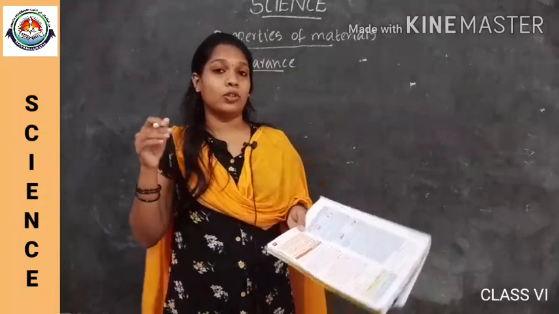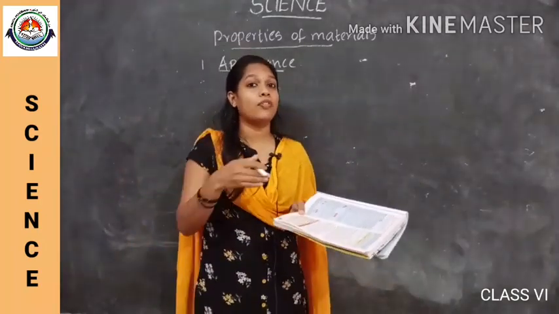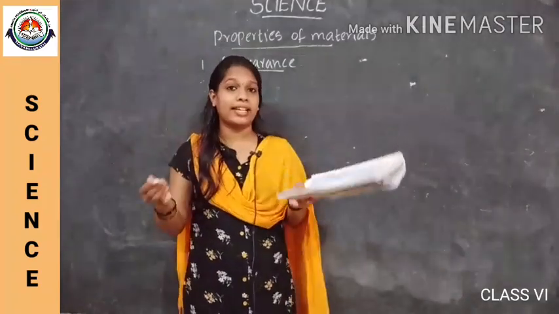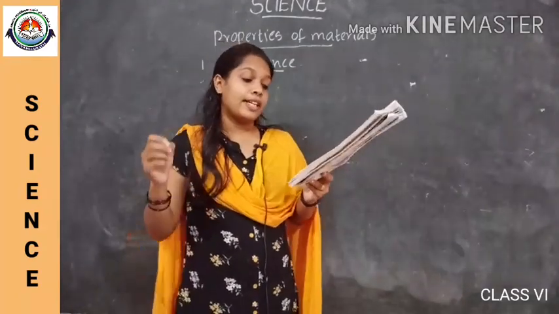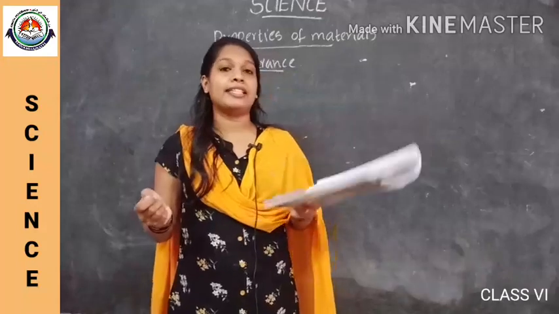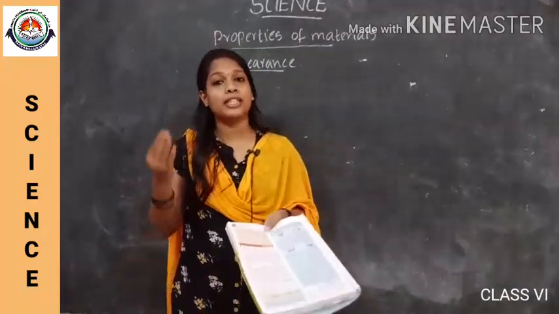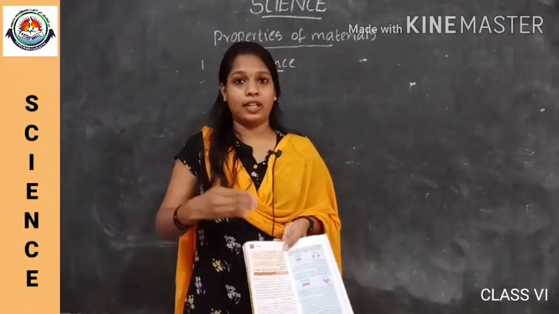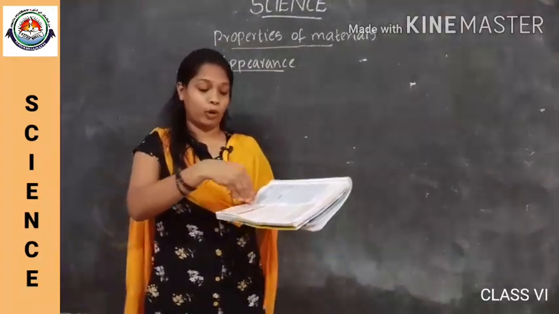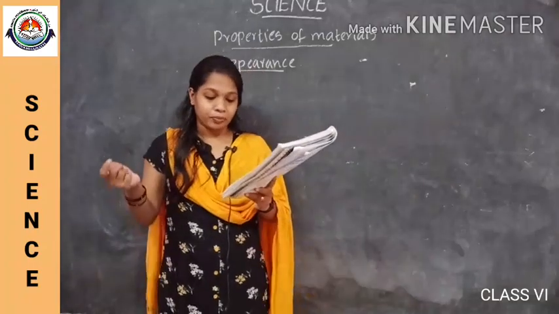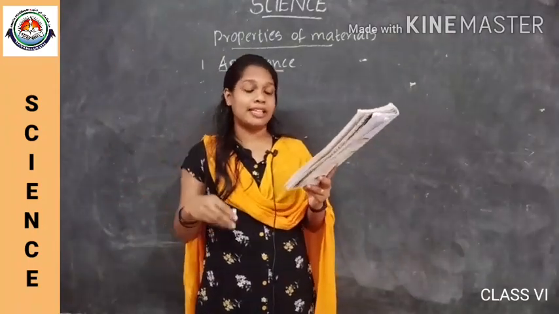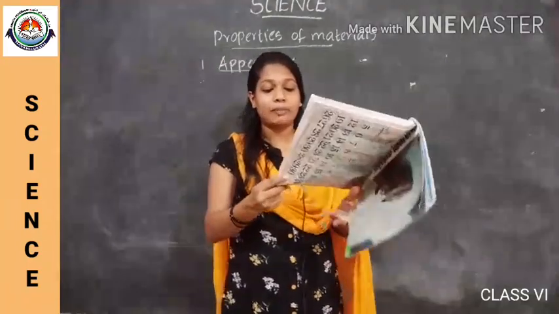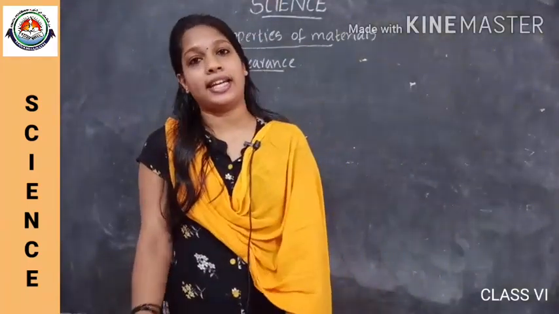Okay, so now we are going to discuss the appearance of these different materials. The method of carrying out this activity is to rub the surface of each material with sandpaper. By using sandpaper, rub the surface of these materials that we have provided here. Observe whether each material is shining or not, and separate the shining materials from the non-shining materials.